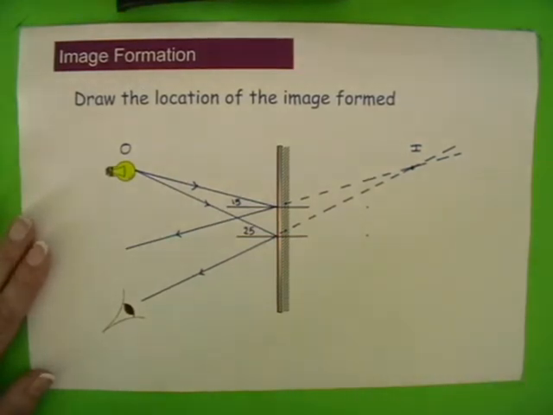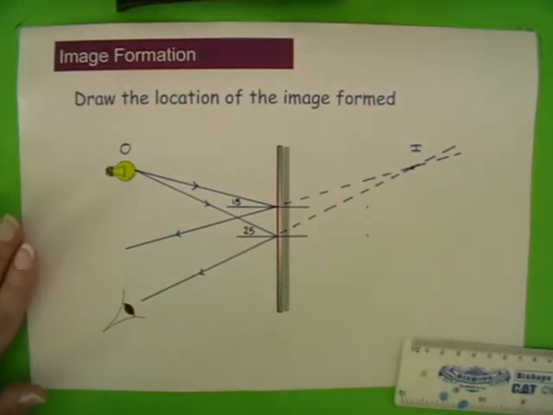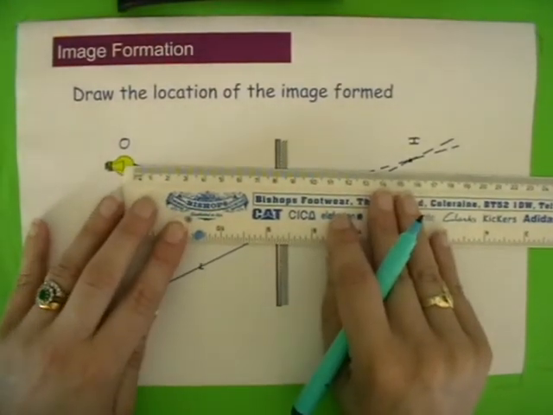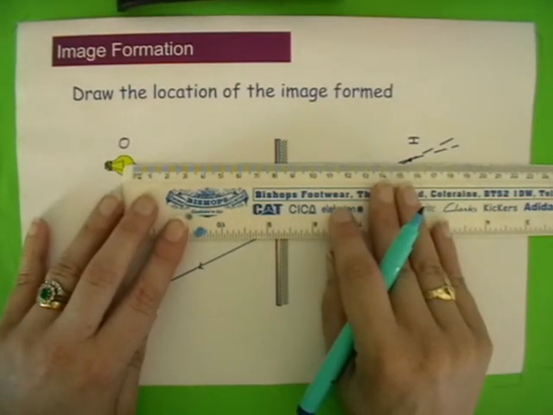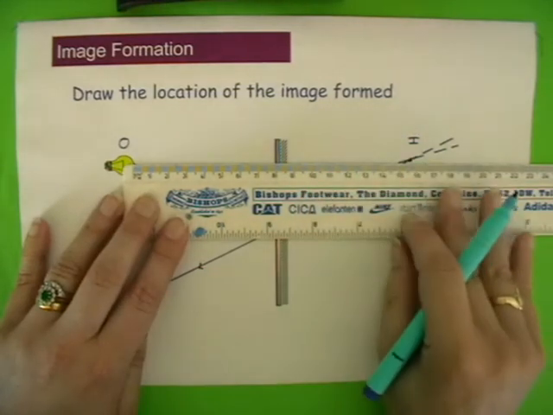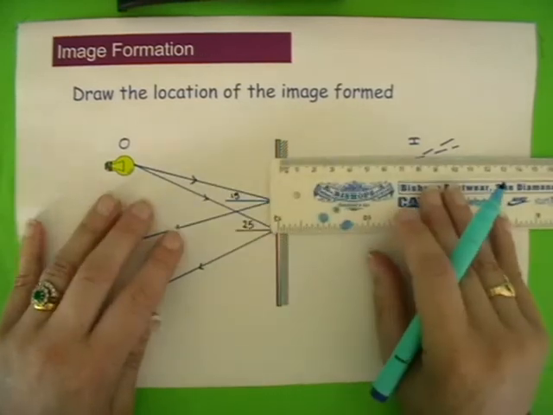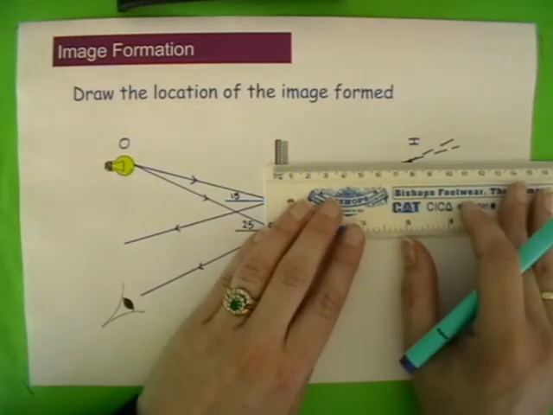Now we said earlier that the image is the same size as the object, and also that the image is the same distance from the mirror as the object. If we measure the distance from the front of the object to the face of the mirror, we see that it's approximately 8 centimetres, 7.9 centimetres to be exact.